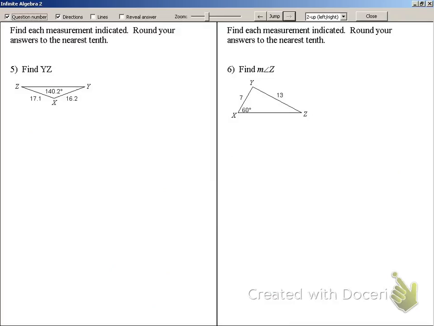Number 6 says find each measurement indicated, round your answer to the nearest tenth. Once again, we're solving a non-right triangle. We are looking to solve for z in this case. We are given two sides and an angle.